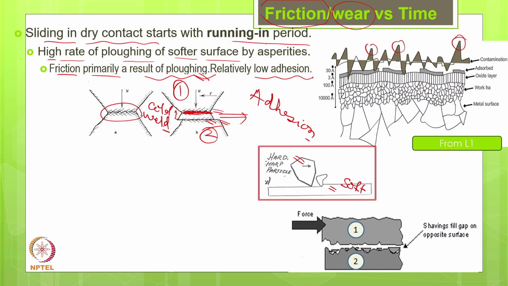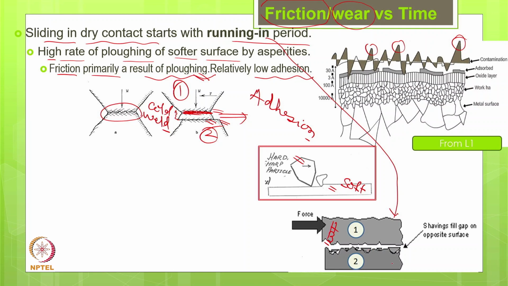However, we also talk about the running-in period, which is shown here. When surface 1 and surface 2 come into contact, quite possibly surface 1 is slightly brittle in nature while sliding against surface 2. One possibility is that initially it is both harder and brittle, while surface 2 is a soft material.